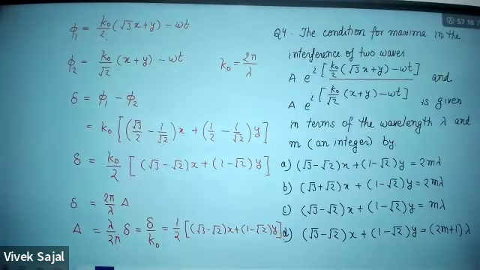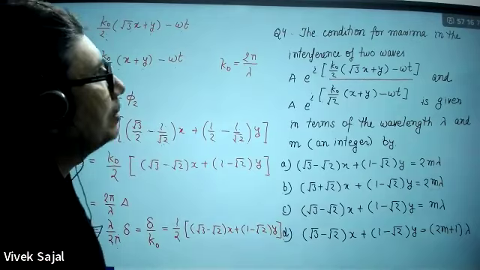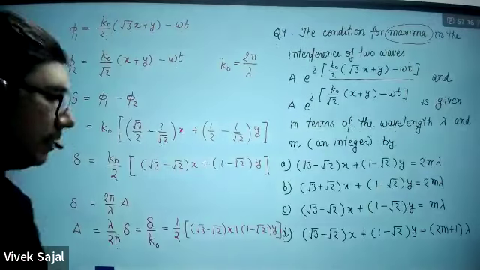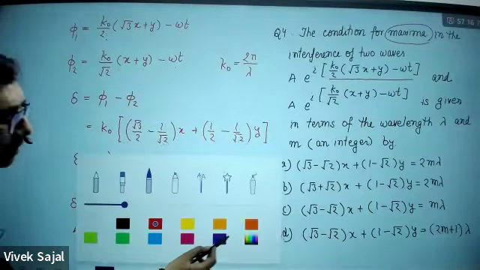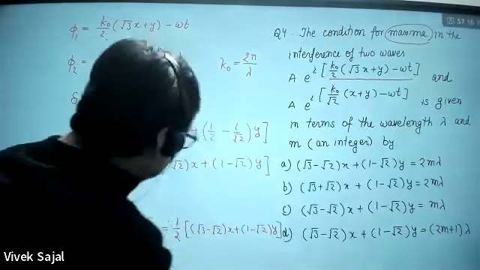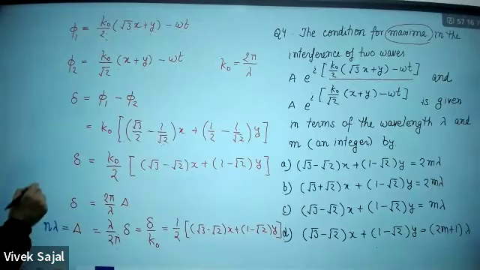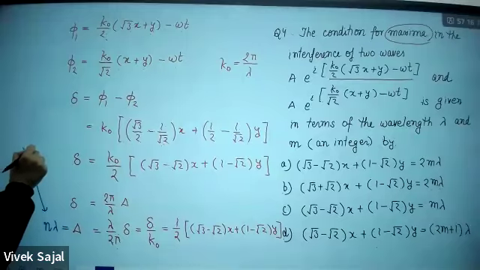And what will be the condition of maxima? You want maxima. The condition of maxima will be that this path difference should be equal to n lambda, for interference maxima.